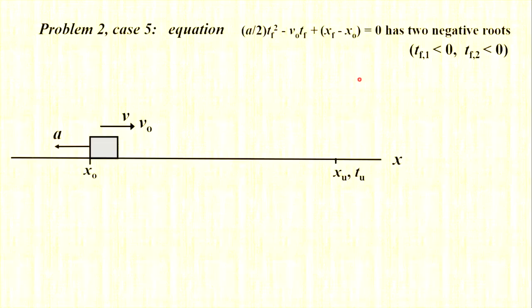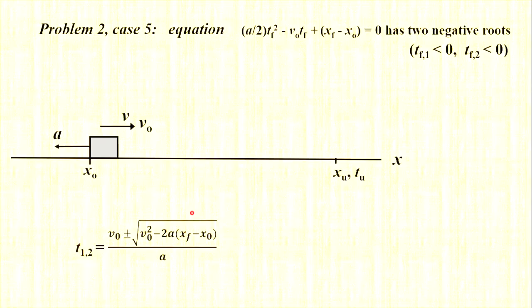This means that we can assume that for the considered motion, the quadratic equation cannot have two negative roots. To prove this, we will use the well-known formula for the roots of a quadratic equation, and applying this formula to this equation, we will get the following answer for t1 and t2.